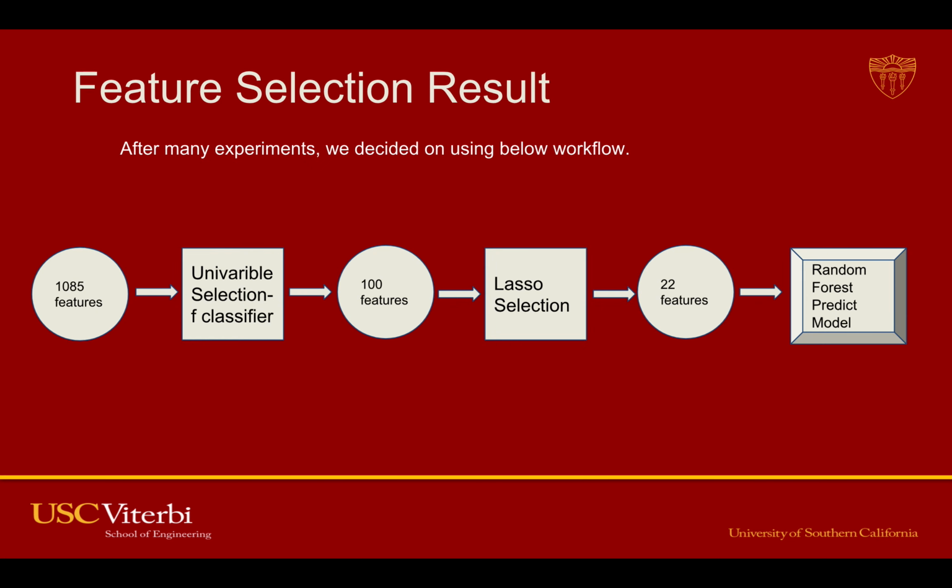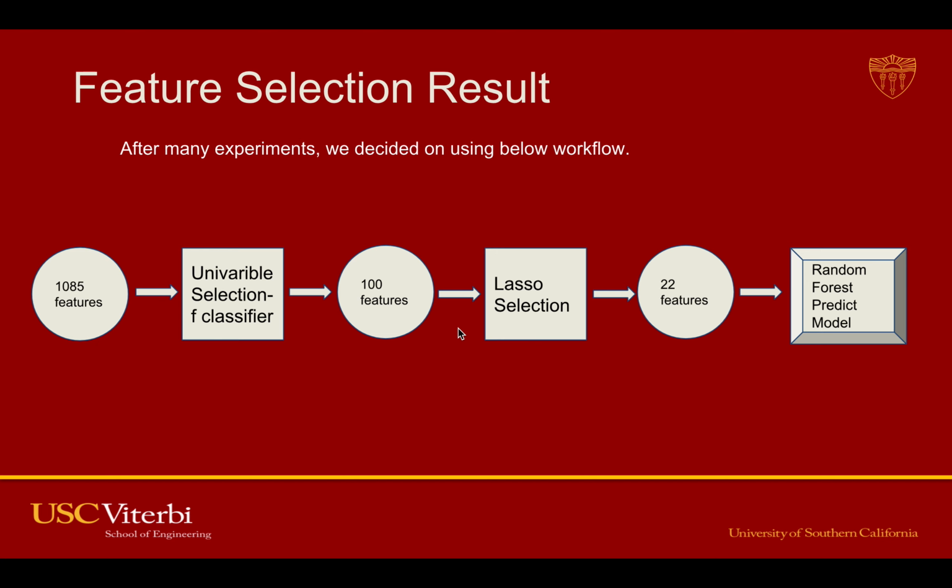So this is our result. After we handle missing data, we have 1085 features. Among those features, we use univariable selection with the F classifier to do the first feature selection, and we got 100 features.